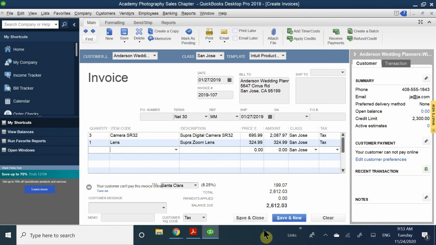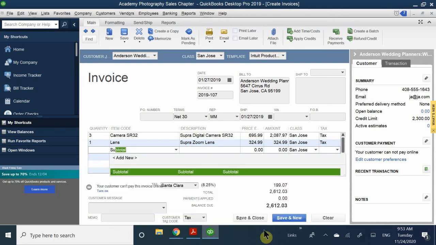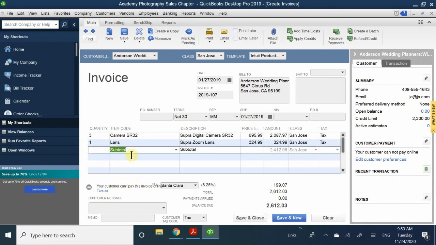So I need to create an item called subtotal. What this does is it doesn't take away anything, it doesn't do anything. It actually gives you a grand total of how much the bill is right now. Okay? So right now the bill is for $2,412.